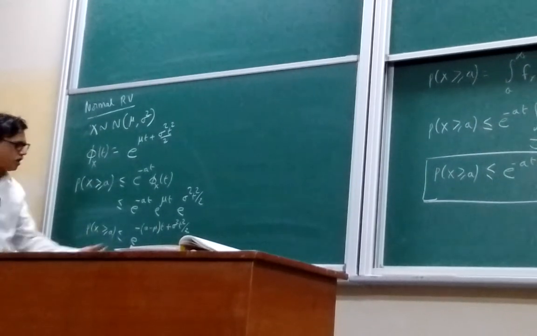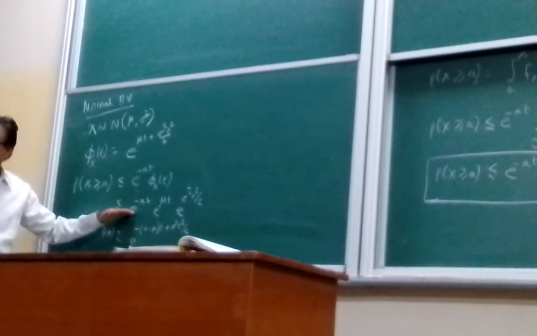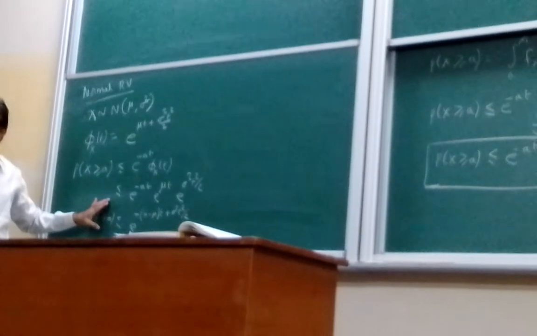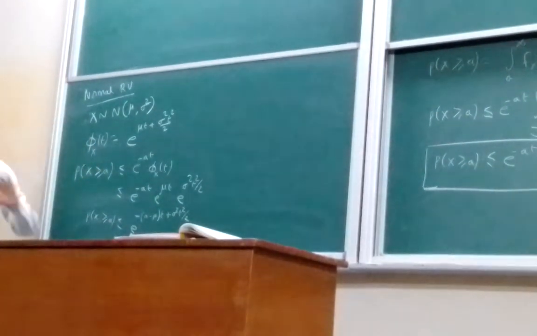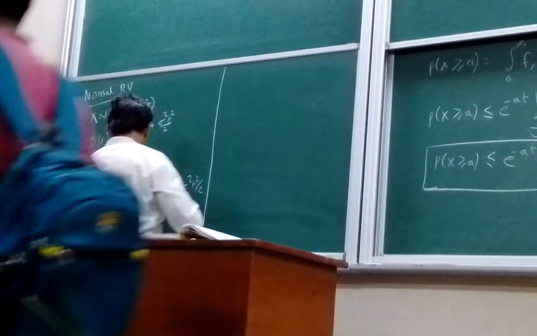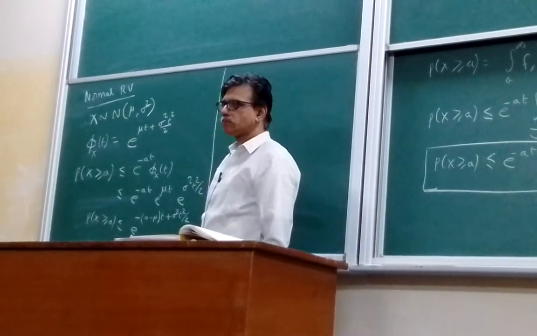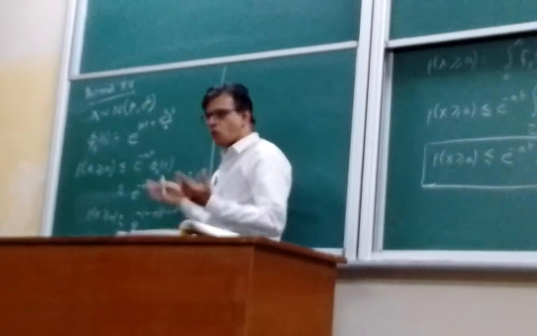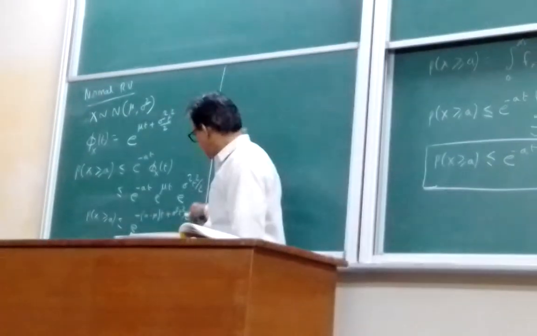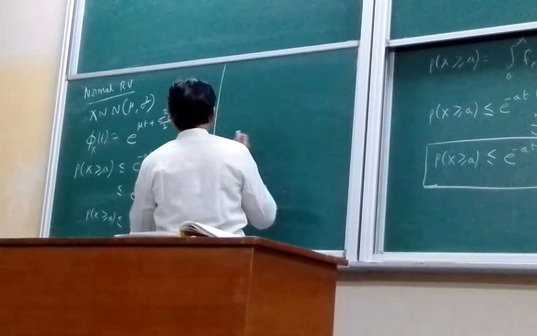Now what we will do is look for a t that minimizes this, and for that we will get a bound which will be the tightest bound that we can find using Chernoff's inequality. So under what condition will this get minimized? When the differential of this is 0. So we will look for that.